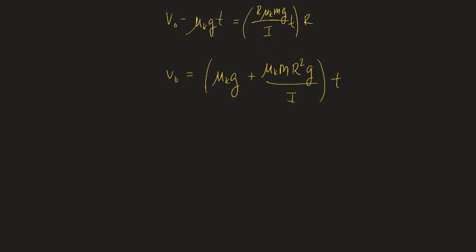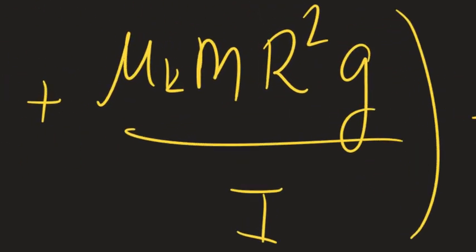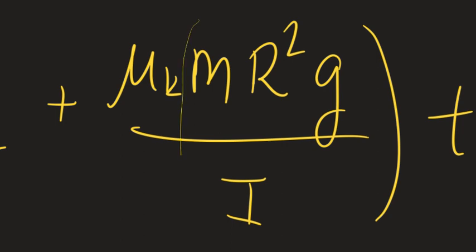Now, I've made this intentionally more complicated than you would have to do. And the reason is right here in the middle. You understand that this is just some fraction, right? Every version of I for something that rolls is something with mr squared in it.